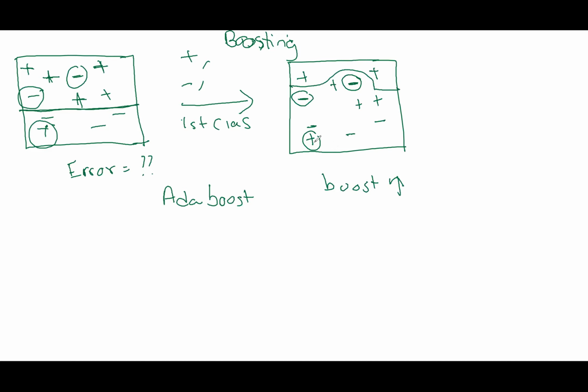Because two of them have higher weightage, it has classified these two correctly. In the next iteration, you give all these other things higher weightage. So when these things have higher weightage, the next classifier will try to classify them.